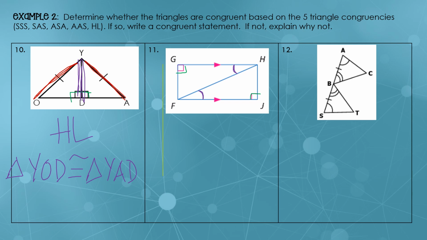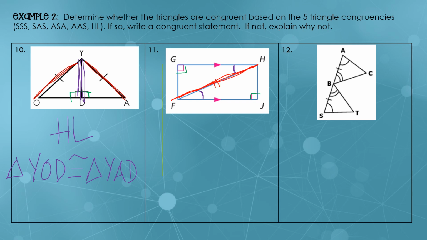You cannot mark the other two angles, GFH and JHF, congruent because you don't know if GF and HJ are parallel. But you also have HF, which is in both triangles, so that is a reflexive side.